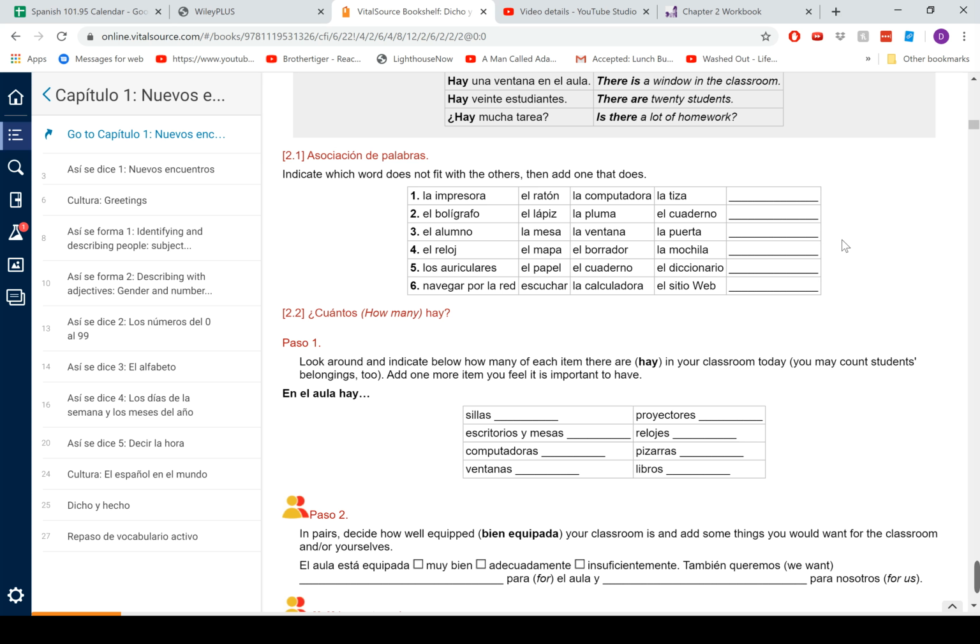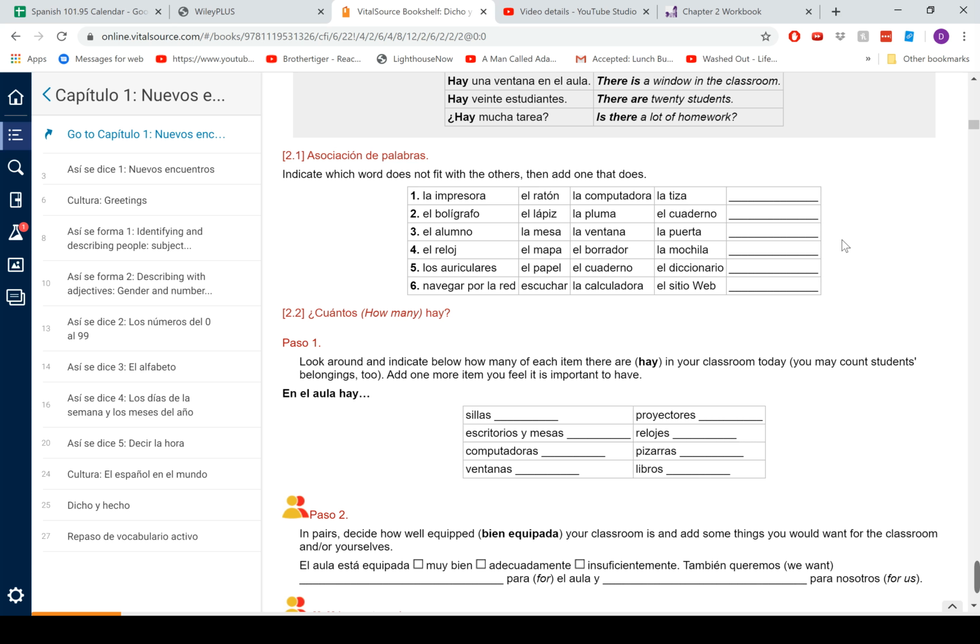Número tres. El alumno. Alumno also means student, right? You can think of it as alumni. Well, that's a living object, the rest are not. Número cuatro. La mochila does not fit there. The rest are all things that hang on the wall.